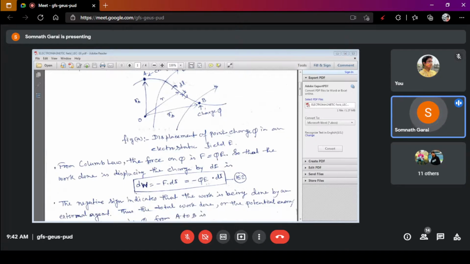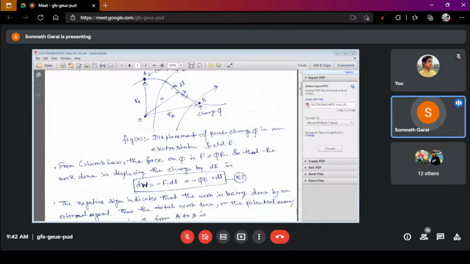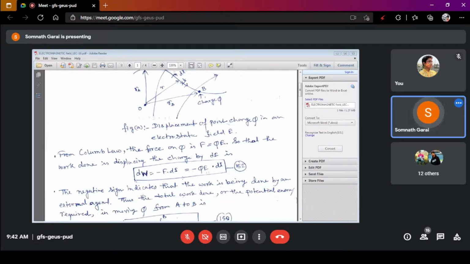This work done is given by dW, and if the differential displacement is denoted by dl, then the work done dW is equal to minus F dot dl, where F is the force and dl is the differential displacement.